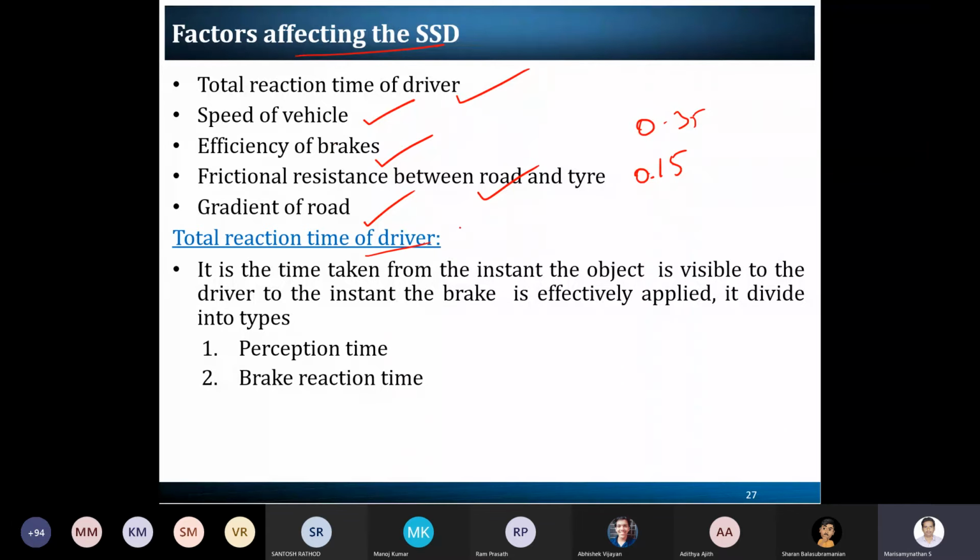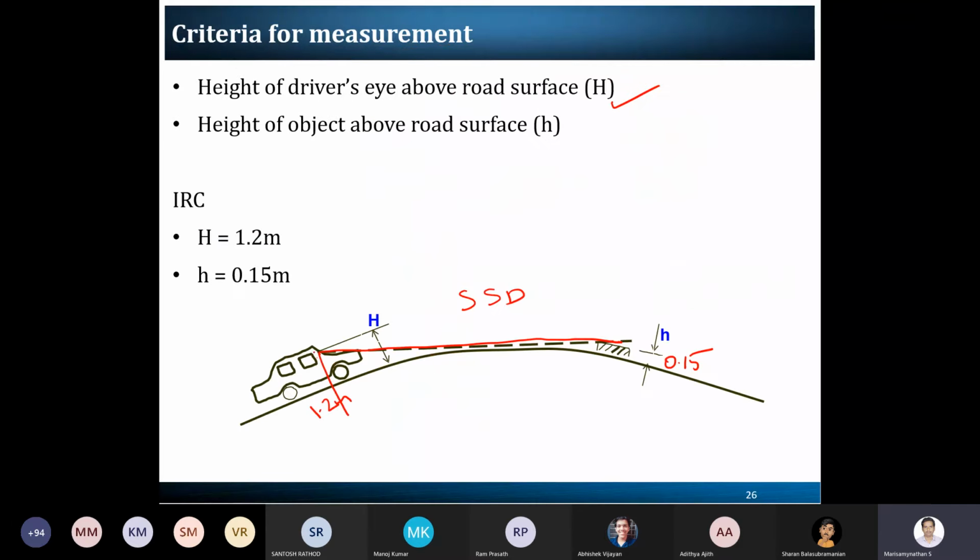The reaction time is nothing but how long the driver takes to perceive that particular situation and how much time he takes to apply the brake. These two together we consider as the total reaction time of the driver. For example, from here he observes that particular object, and from here to here he is analyzing: if I'm going 100 km per hour, definitely I will hit it.